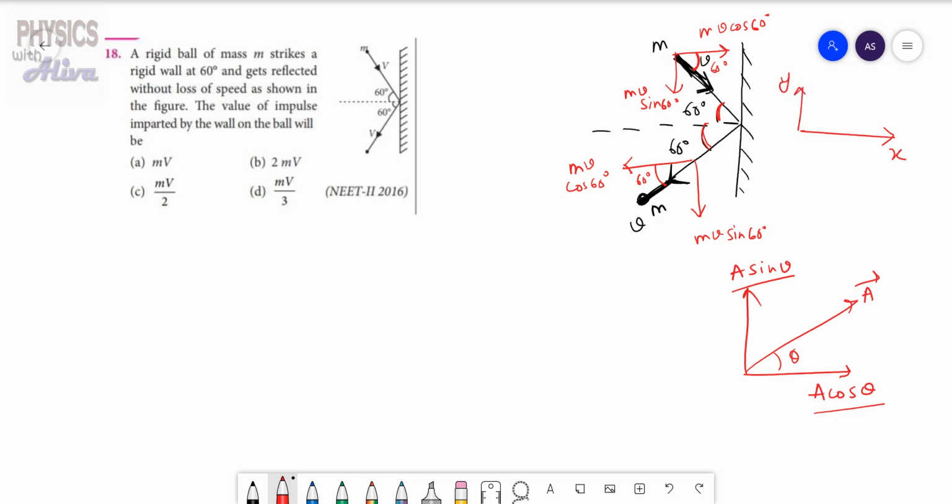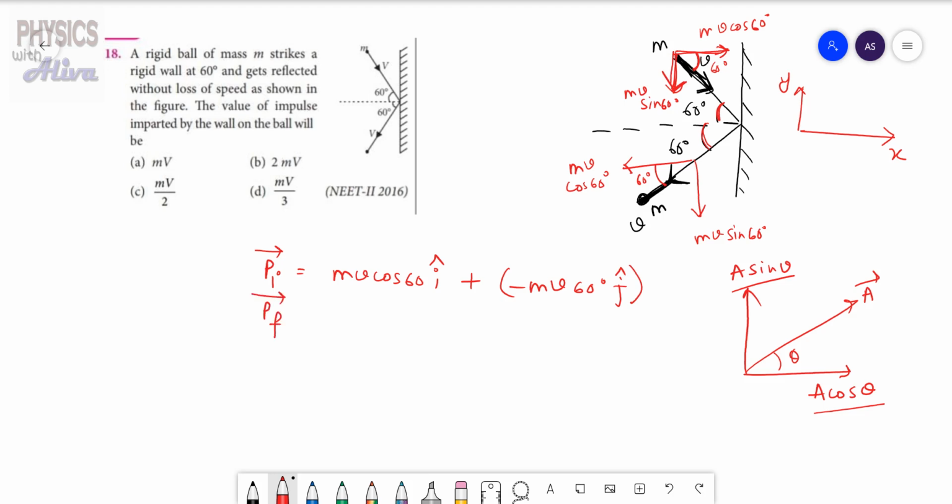Okay, so now we can write the initial momentum vector, that is mv cos 60 i cap, as it is directed along positive x-axis, plus minus mv sin 60 j cap, it is directed along negative y-axis, so minus j cap.